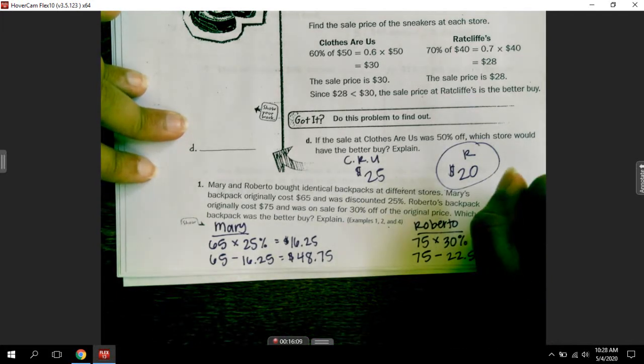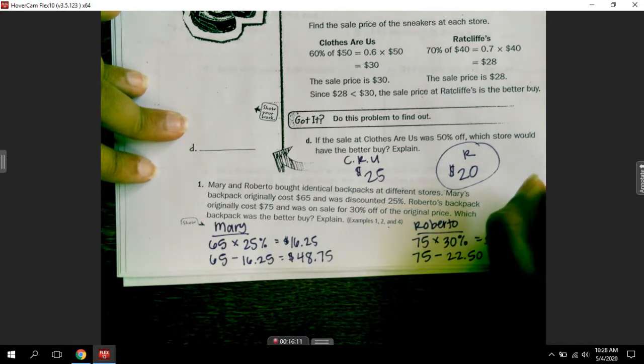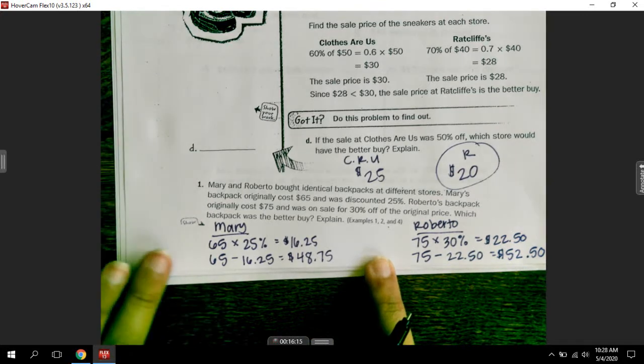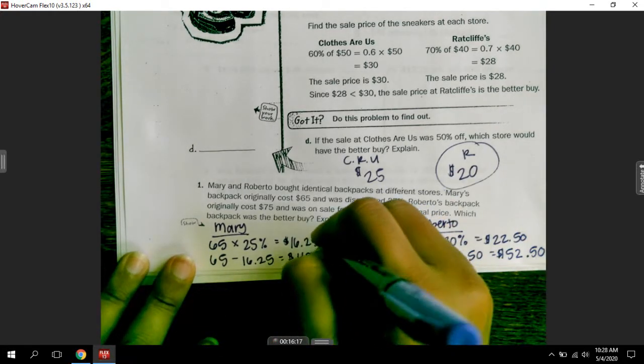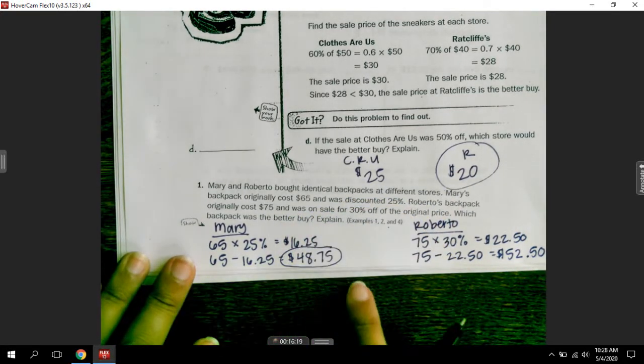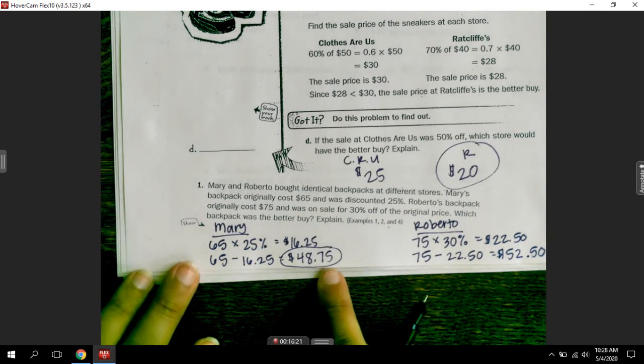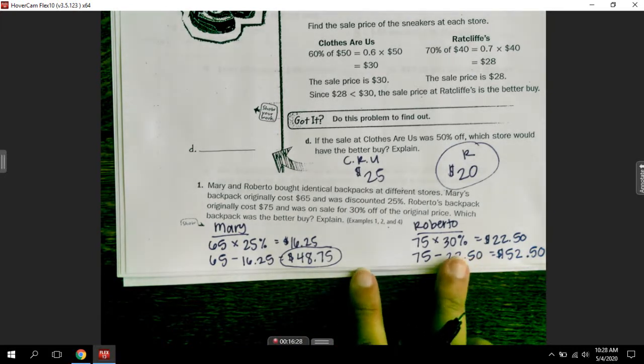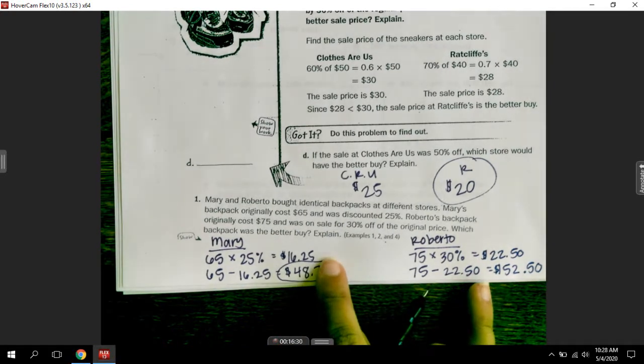And that should be $52.50. So which one is the better buy? Mary. Mary is the better buy because it is cheaper. Okay. So not too bad. You just want to find both of them, and obviously the cheaper choice is going to be your better buy. Okay.